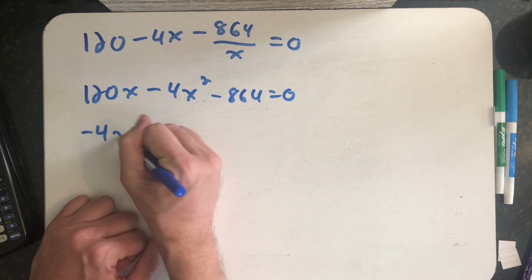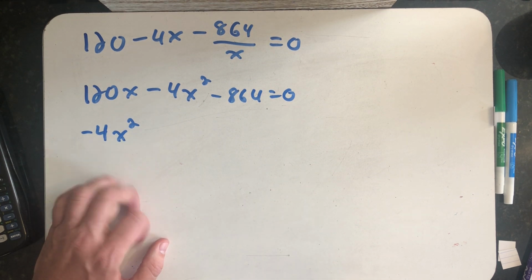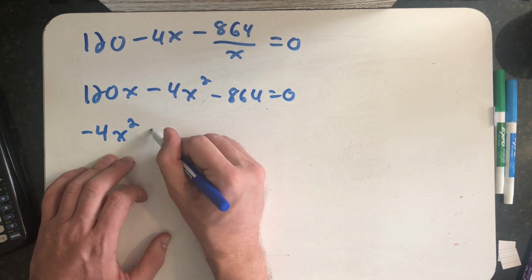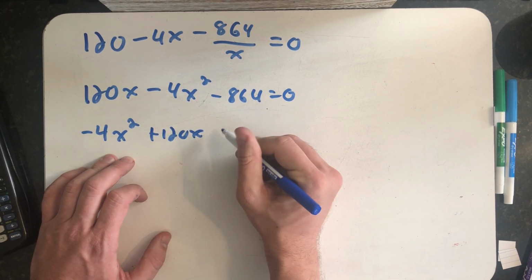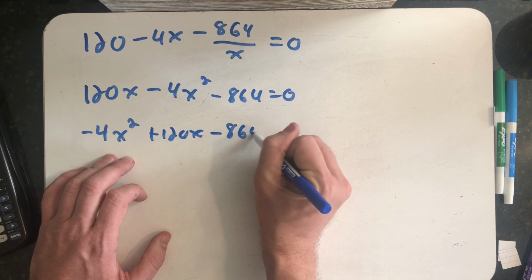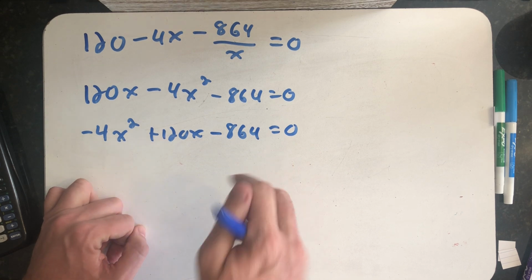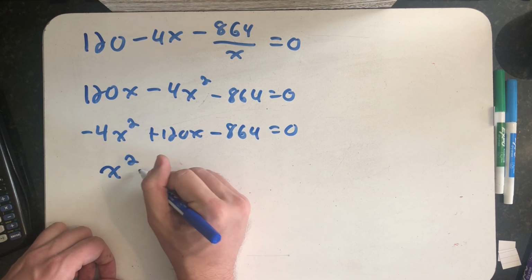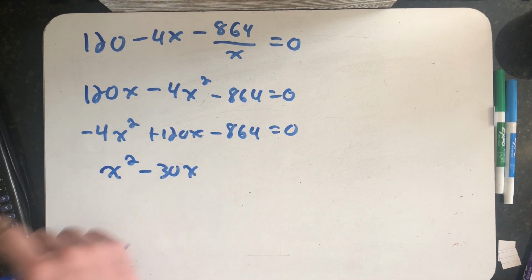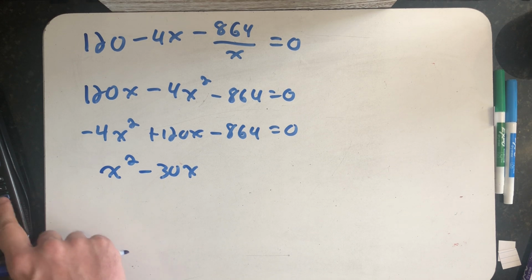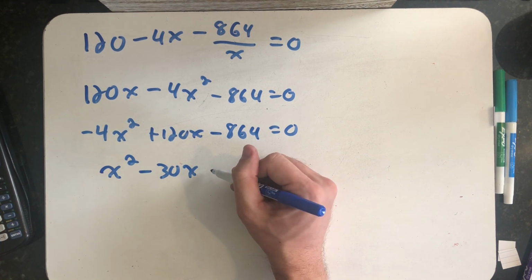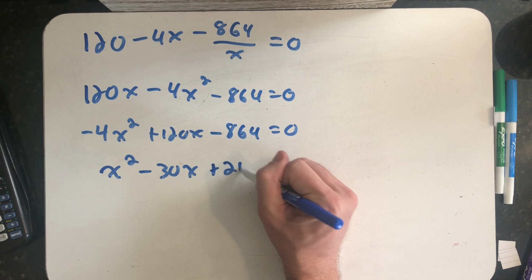And so now I see a quadratic equation. Minus 4x squared plus 120x minus 864. I'm going to divide everything by minus 4. So I'll get a positive x squared minus 30x plus 216.